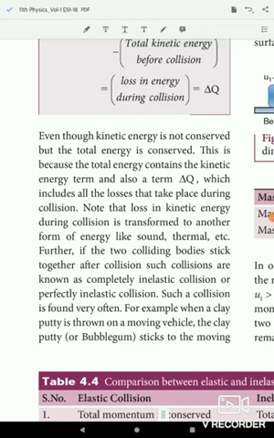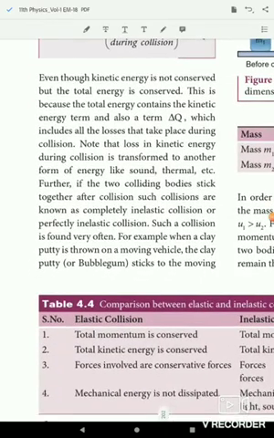This is because the total energy contains the kinetic energy term and also a term delta Q, which is the energy lost during collision, transformed to another form of energy like sound, thermal, etc.